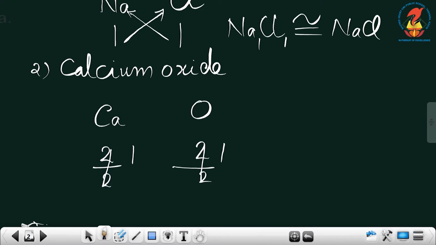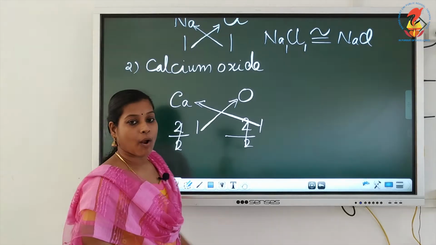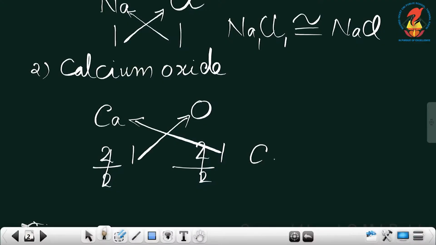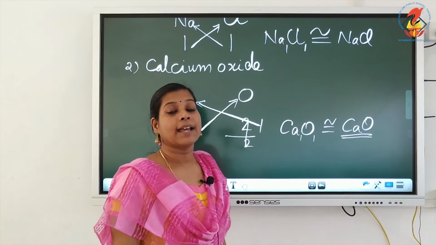After getting that smaller number, we can cross over. So, what will we get? Ca1O1. But as it is 1, again we will not write it. We will write it as CaO. So, what is the formula for calcium oxide? CaO.